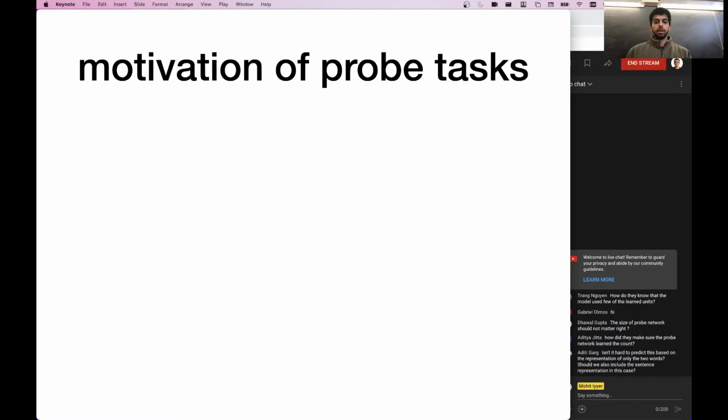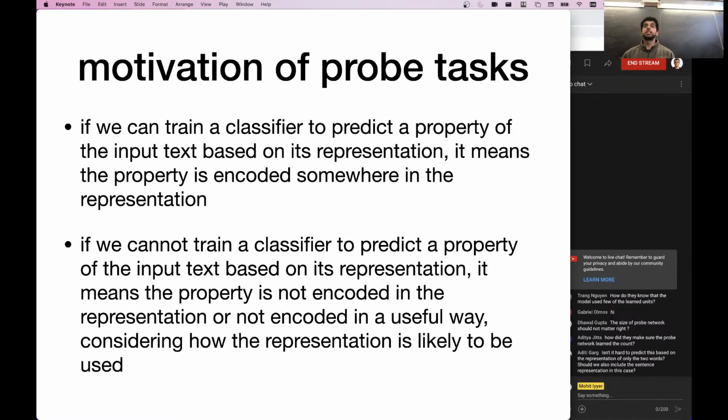All right. So let's just summarize some of the motivations of these probe tasks that we've discussed to this point. The first point is that if we can train a classifier to predict some property of the sentence, and we've looked at a couple different properties now, based on just these vector level representations, it means that that property is encoded somewhere in the representation, right?